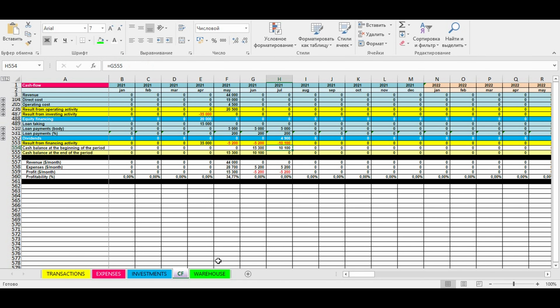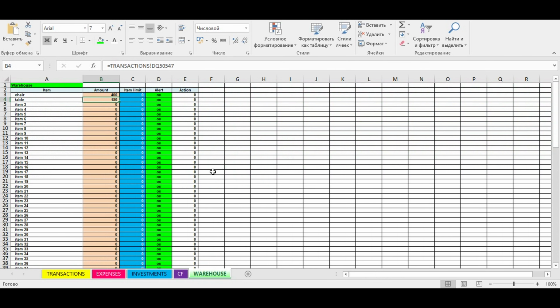And now we can go to warehouse. Here we can see the balance of our warehouse at the end of our period. What we can set up here, for example, is a limit of units for each item that we can't go lower.